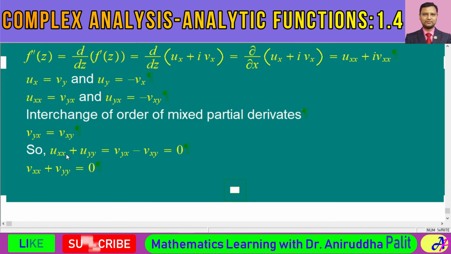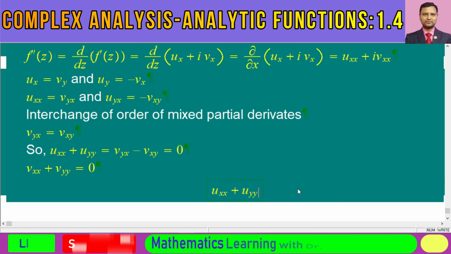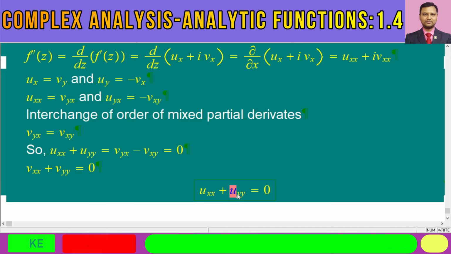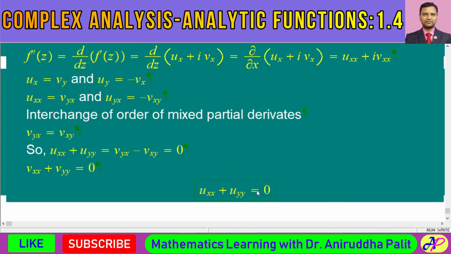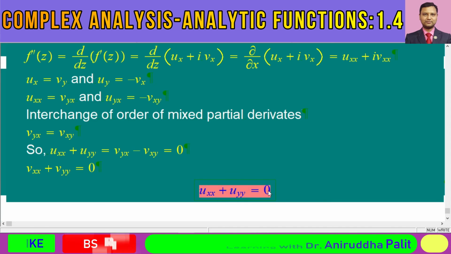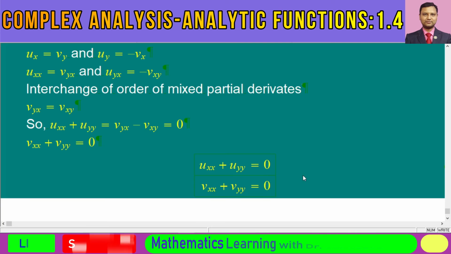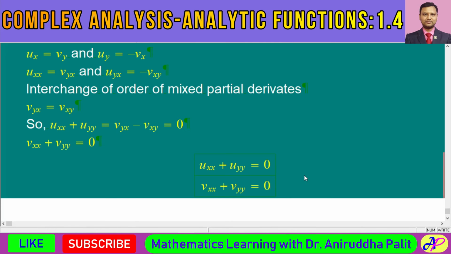If you look at these two expressions, these are actually two different partial differential equations. This is a partial differential equation, and here, similarly, this is a similar kind of partial differential equation.